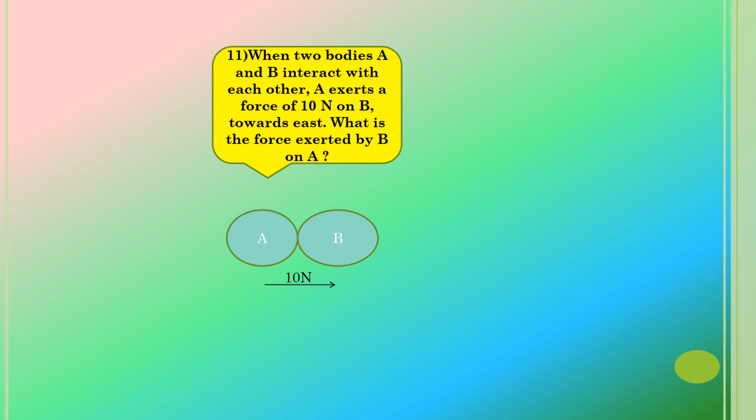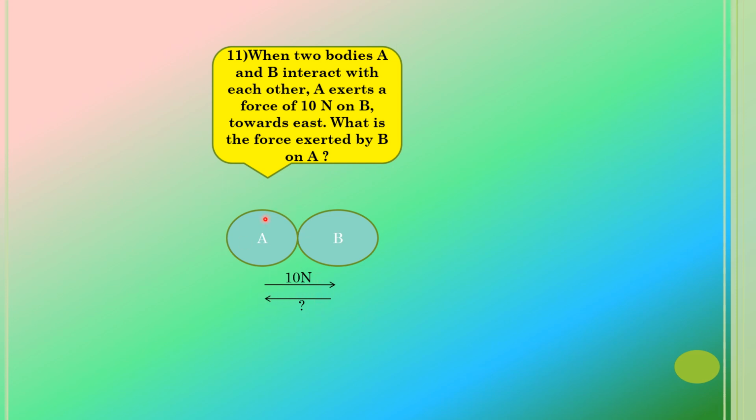So 10 Newton का force apply करता है. Now the question is what? मतलब how much will be the force exerted by B on A? So by B on A, right? So how much force will this B exert on A? So the arrow starts from B and towards A. This we have to find.